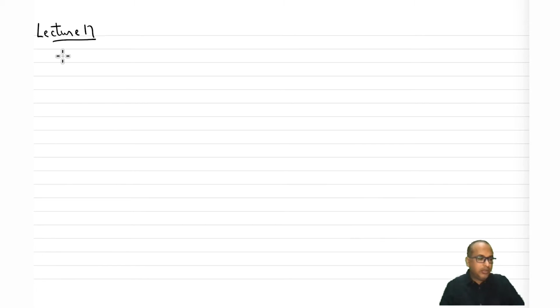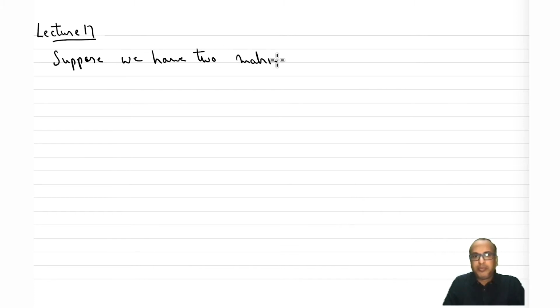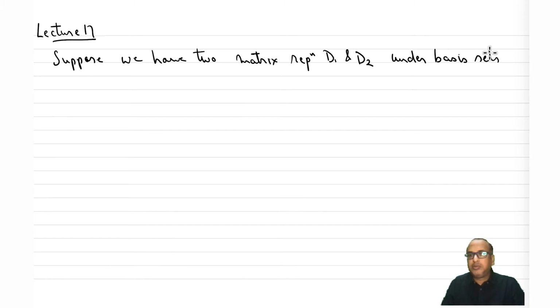So let's consider, suppose B1 and B2 are basis sets of same order, that is the number of vectors which are chosen in the basis are same, so the dimensionality of the matrix for D1 and D2 will also be same.